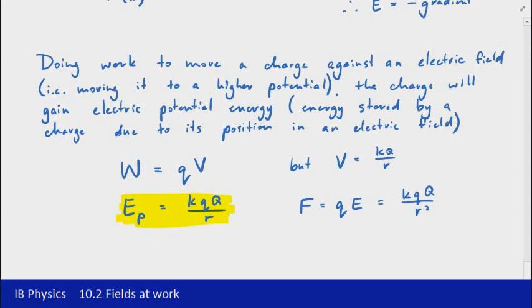So notice there's a similarity there, but when we're looking at work in terms of force, work is equal to force times distance. In this case, we'd look at the value being r, and so that would then give us kQQ on r. So all of these equations are linked together, but ultimately the electric potential energy is the one that you need to relate to there, and you can tie that back into the force on a charge in a field.